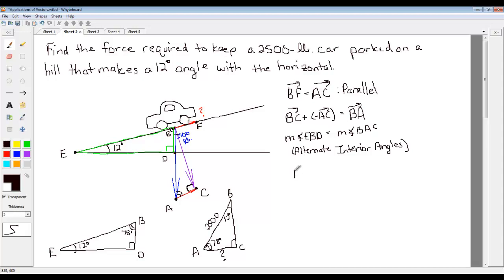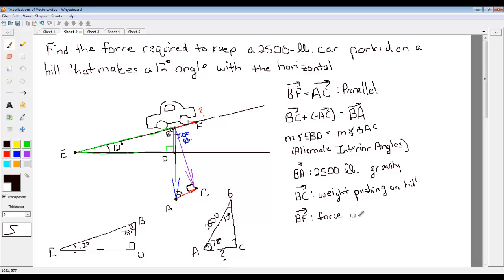So again, recap: ray BA is the 2,500 pounds of gravity pulling straight down. Ray BC is the weight pushing on the hill. And then ray BF is that force that would pull the car uphill.